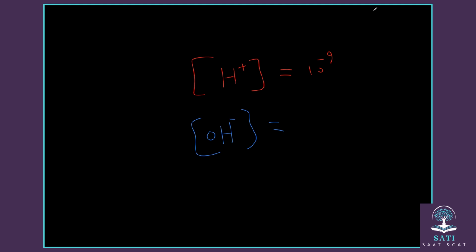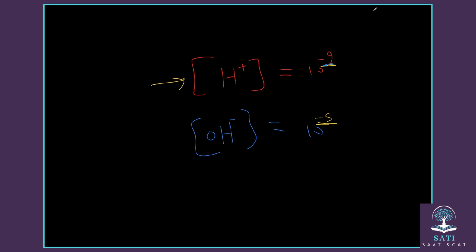You have to remember that the exponents have to add up to negative 14. So here negative 9, so here will be negative 5, because when I add negative 5 with negative 9, I get negative 14. So the concentration of OH will be 10 to the power of negative 5.